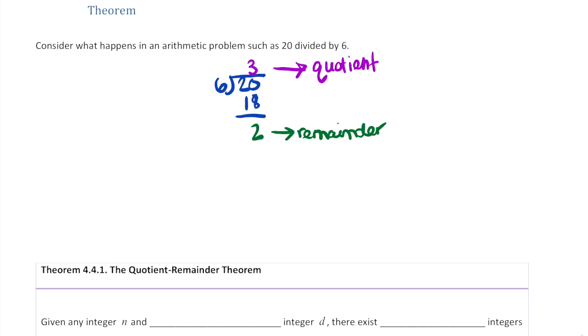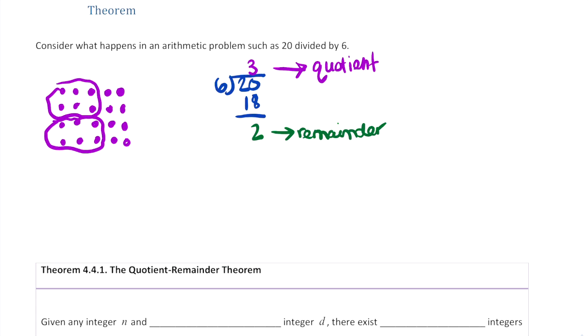Just remember, what we are doing is counting these groups of 6. We have 20 units, 20 of something, which is our dividend. Here's one group of 6, here's another group of 6, and then another one.